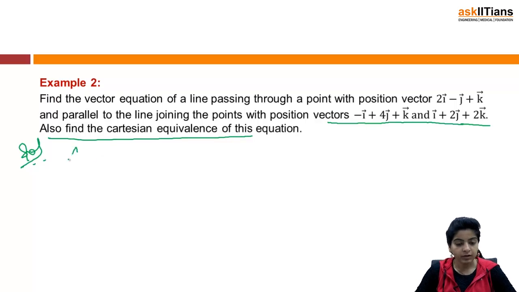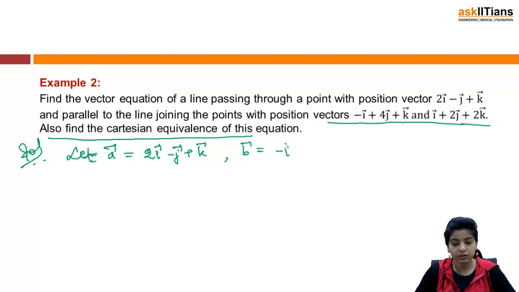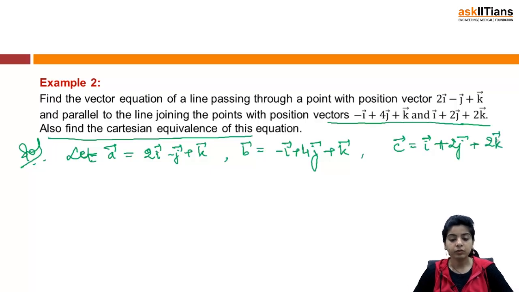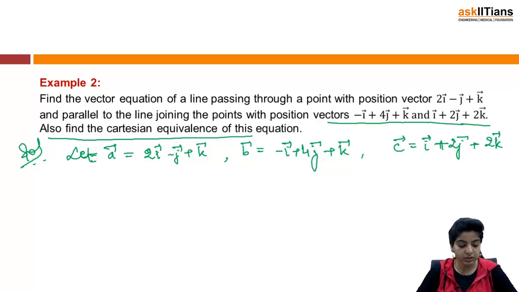So let A vector be equal to 2i minus j plus k. I am assuming this to be A vector. Then I assume this to be B vector, minus i plus 4j plus k, and C vector is i plus 2j plus 2k, right?